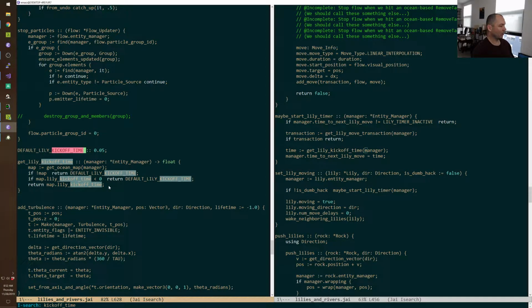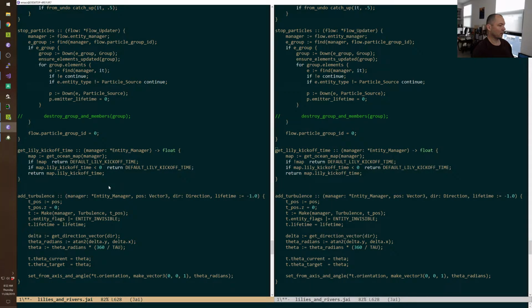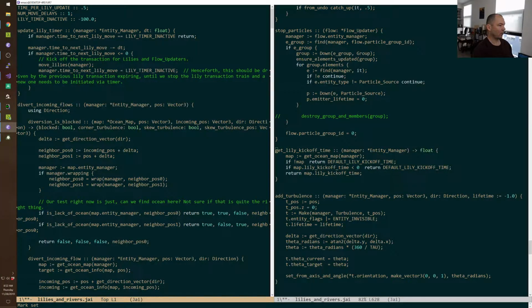Are you kidding me? Let's make the default be the same as a move delay.